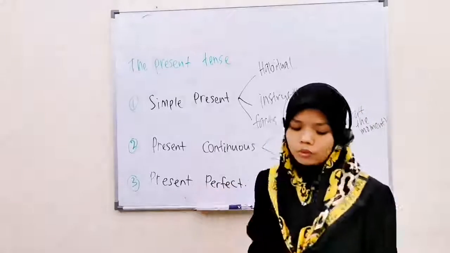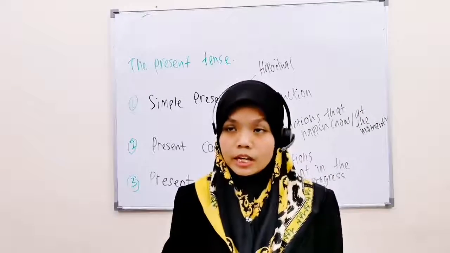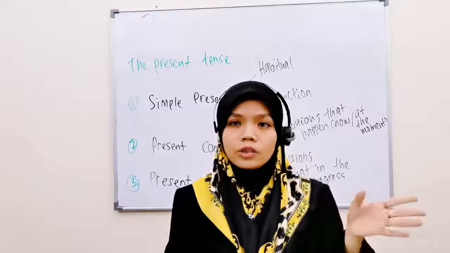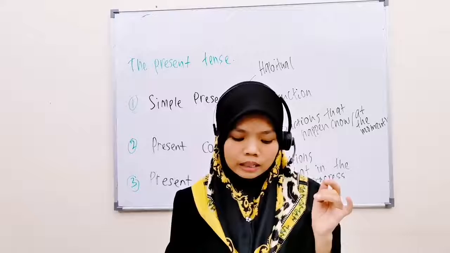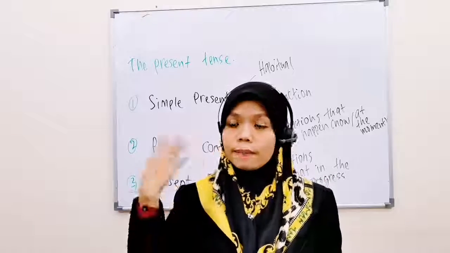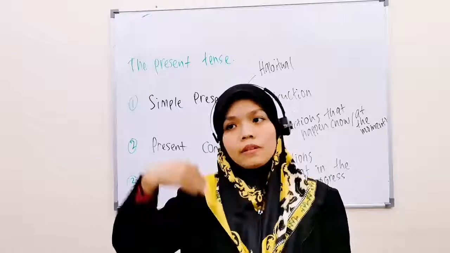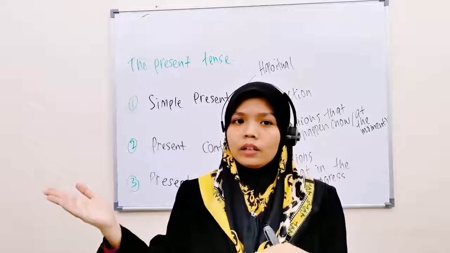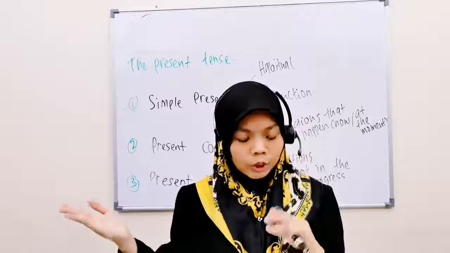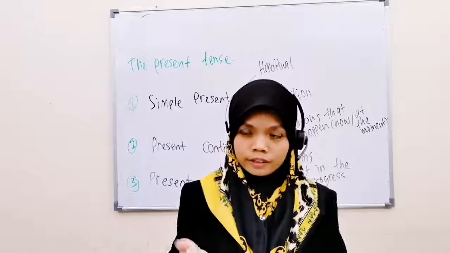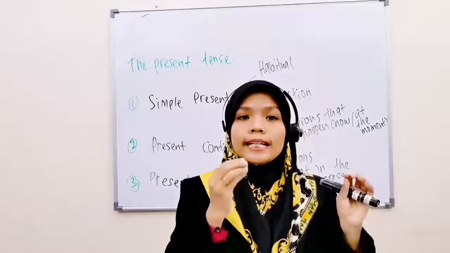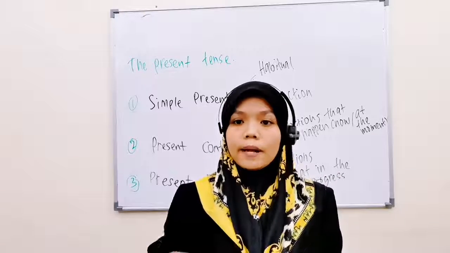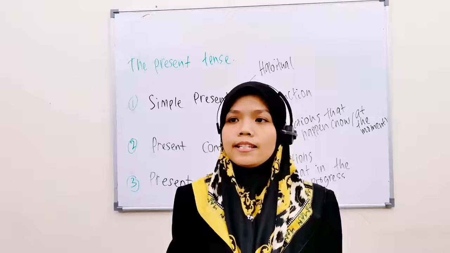For this one, if you want to talk about actions that started in the past and still continue, they still continue to the present and may continue in the future. So it starts in the past and then carries on into the present, and might continue in the future.